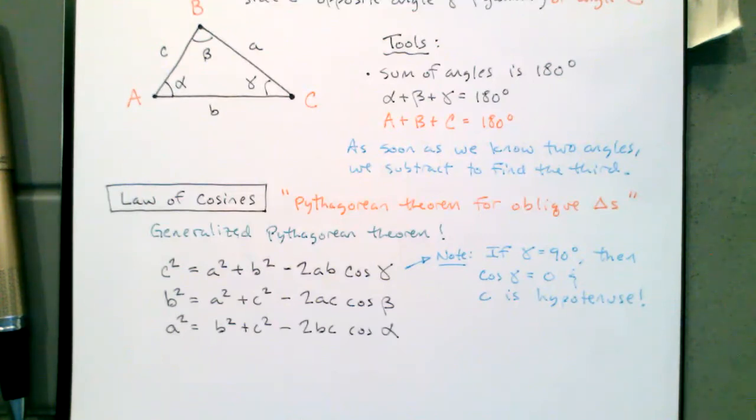So we'll use C squared equals A squared plus B squared minus 2AB cosine gamma if we happen to know gamma and we want to find C, or if we know C and we want to find gamma.